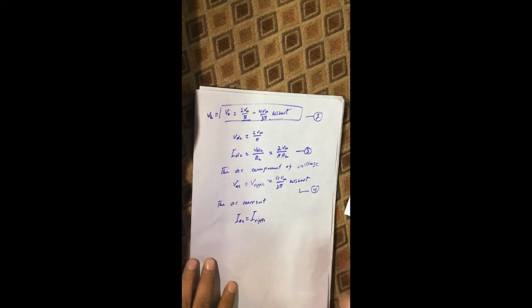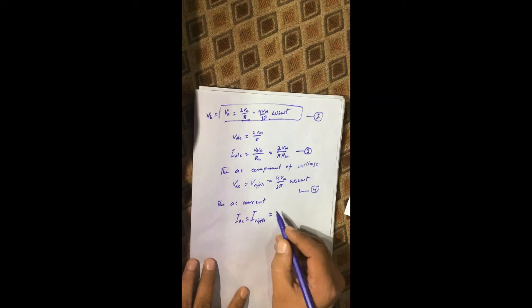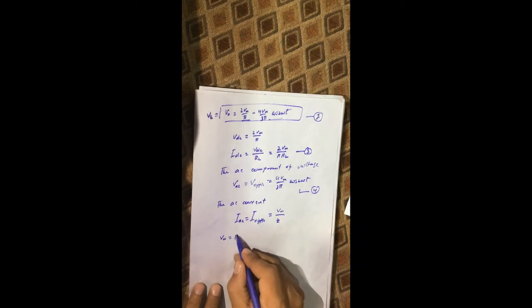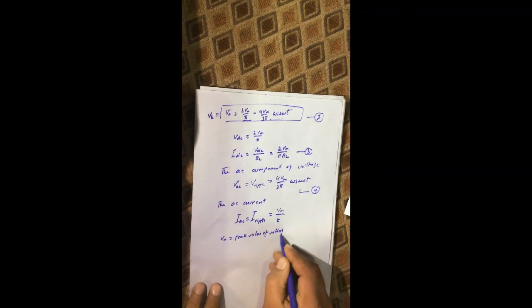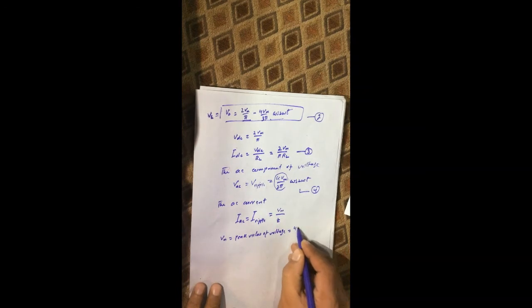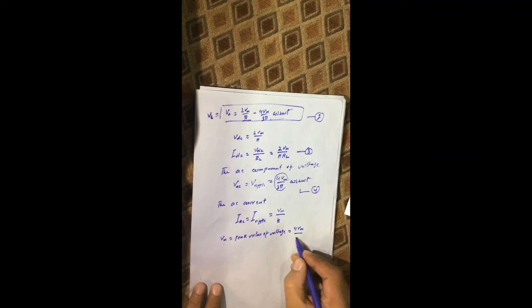The current due to this small variation is equal to the peak value of voltage Vm divided by impedance, where Vm represents the peak value of voltage, and the peak value of voltage is this one, which is 4Vm over 3 pi.